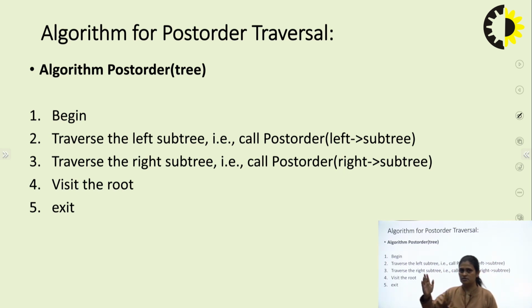We cover all the nodes of the left subtree, then traverse the right subtree and visit all its nodes. After visiting all the nodes of the left and right subtrees, at last we visit the root node of the tree, then exit.